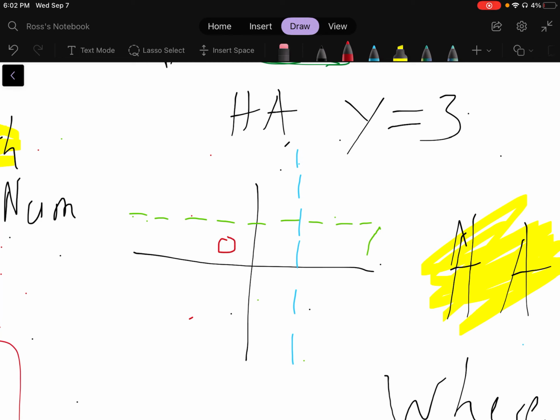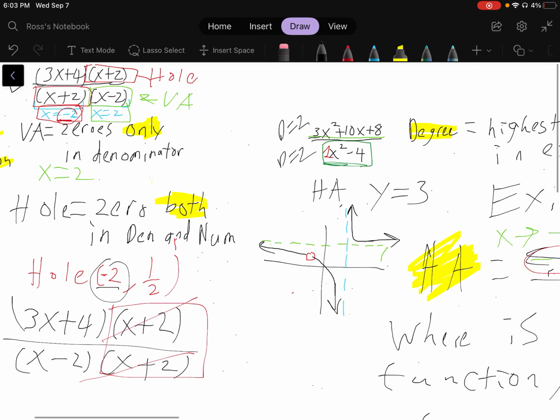So based on this, I can sketch my graph, right? It's going to trend towards infinity near 2 there, then trend up to infinity here, then go down to infinity here, and then come back up, hitting the hole, and then going towards 2 as it goes to negative infinity.